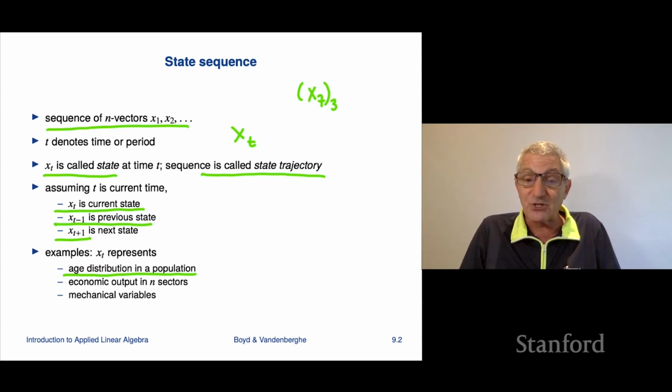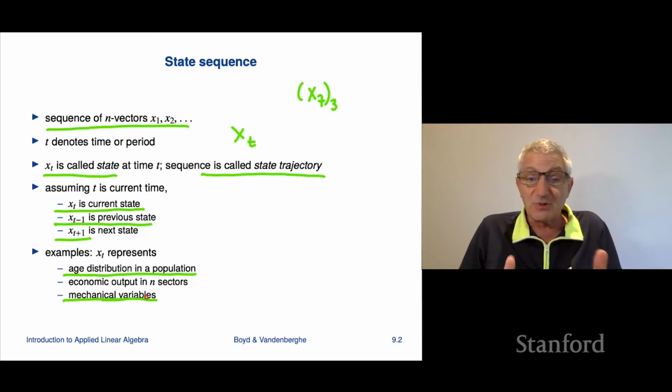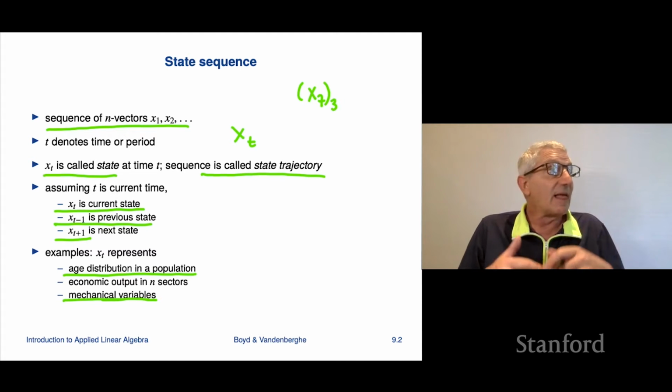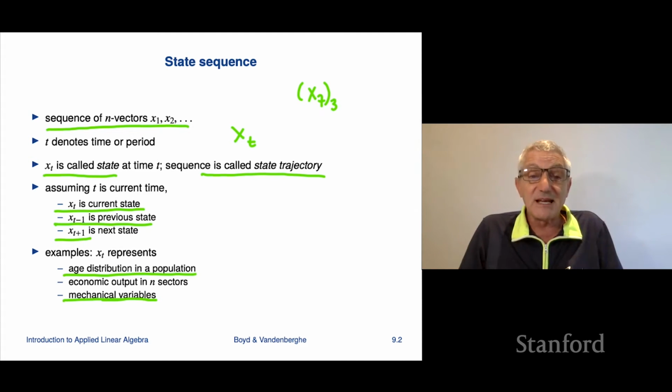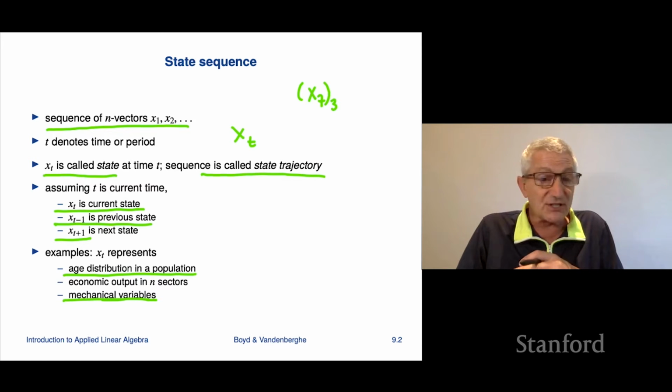So the different entries of x tell you how different sectors did in that period. It's also very common for mechanical systems, when the entries of x are typically positions or displacements, and they will typically also include velocities and momentum. But the idea right now is it's just a vector sequence.